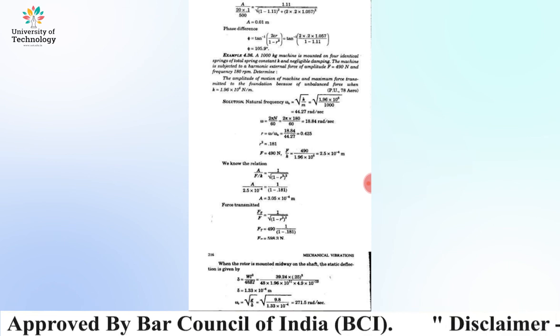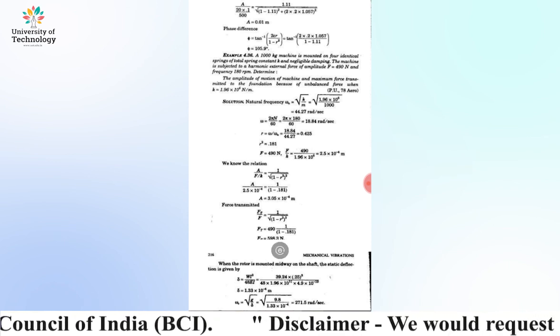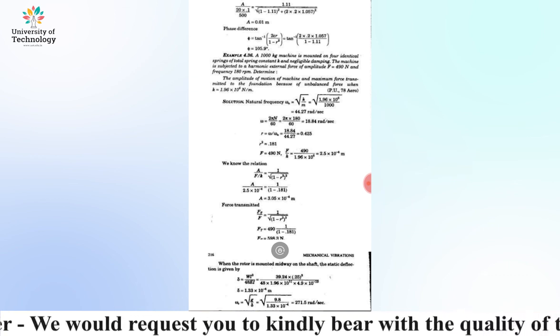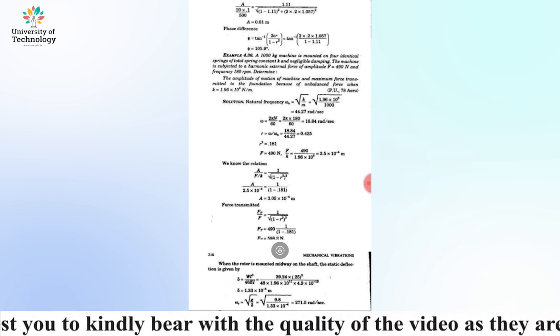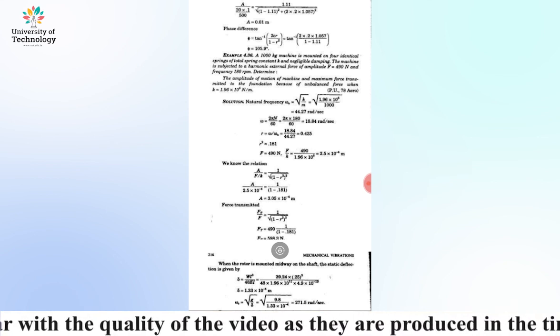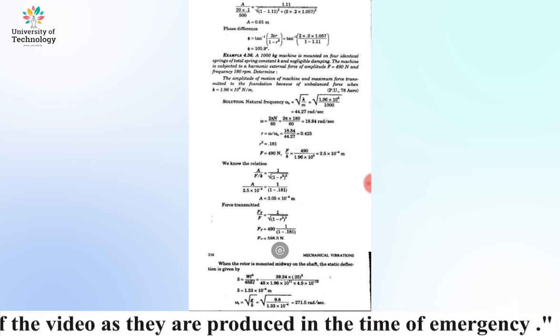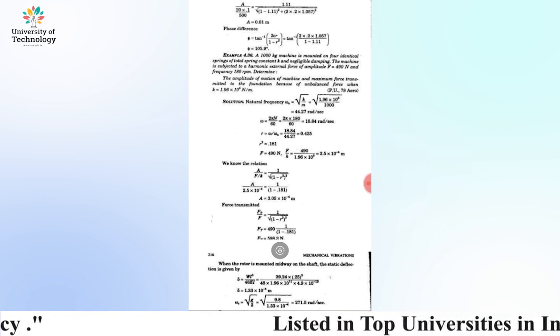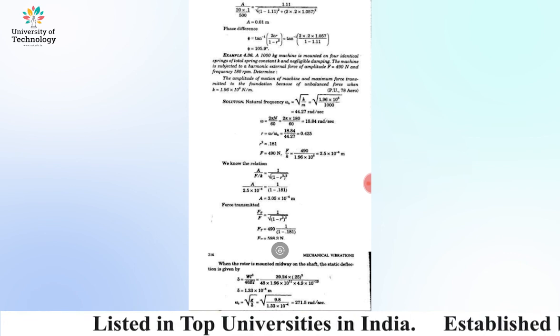And in case when the rotor is mounted midway on the shaft, the static deflection is given in the mechanics of solids. We can find the formula of deflection, that is equal to WL cube upon 48 EI.